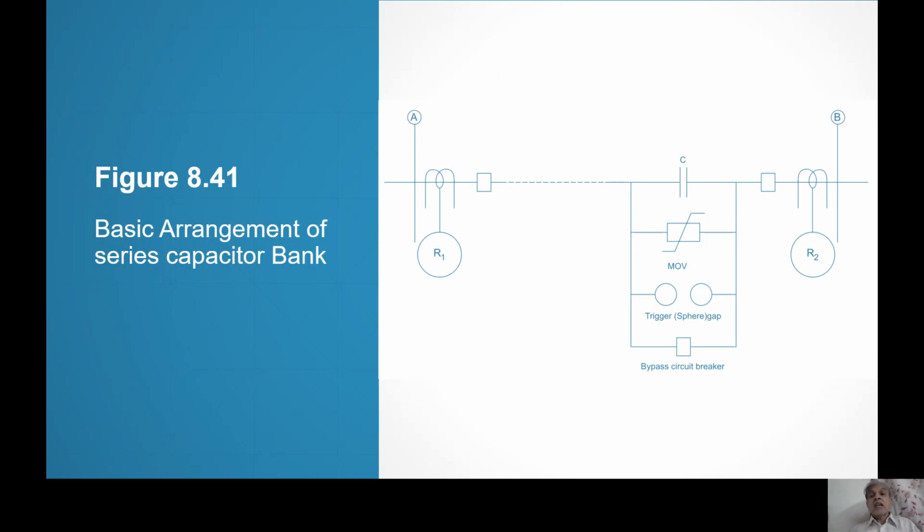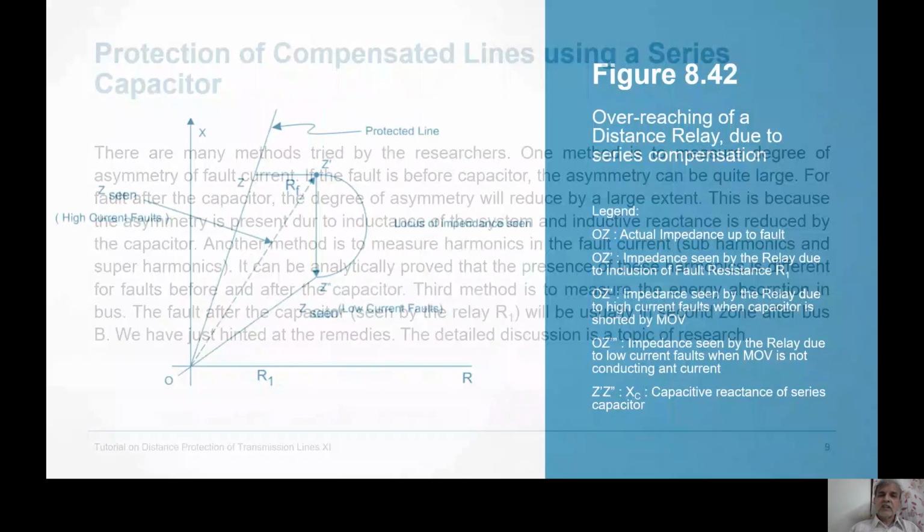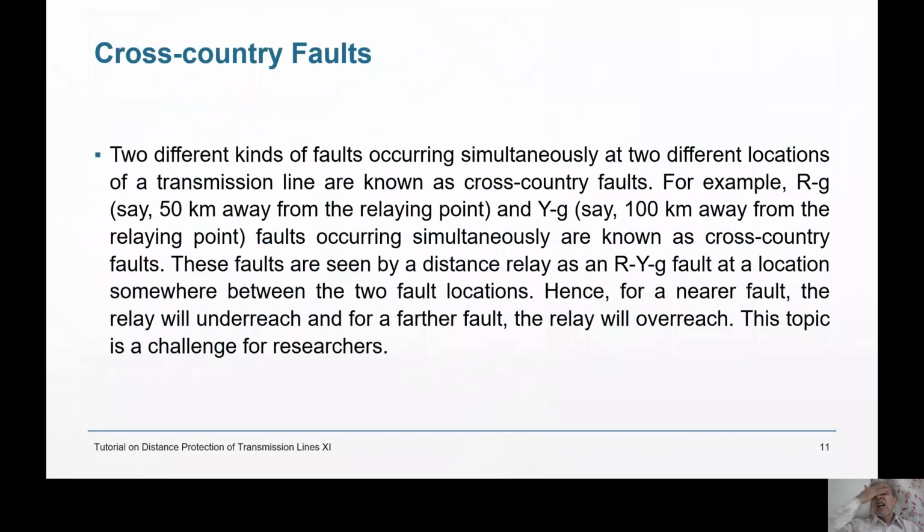Means your impedance will lie in the fourth quadrant and it will be seen reverse. So R2 will not at all correctly measure. That is another big problem of these compensated lines. So this is the problem of series compensated lines.